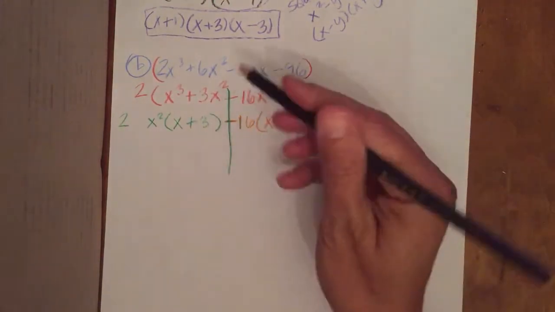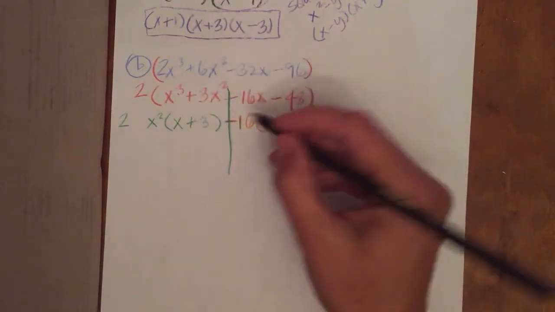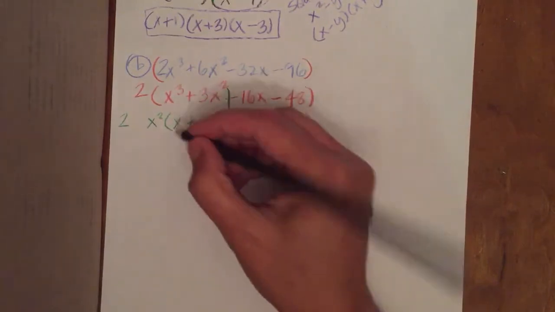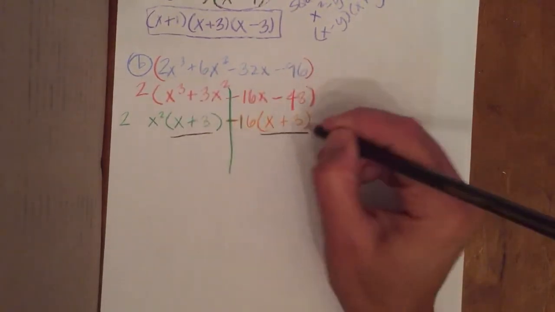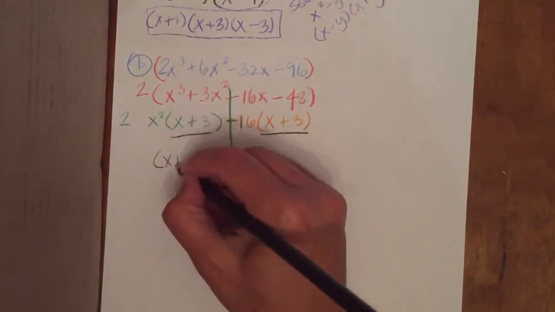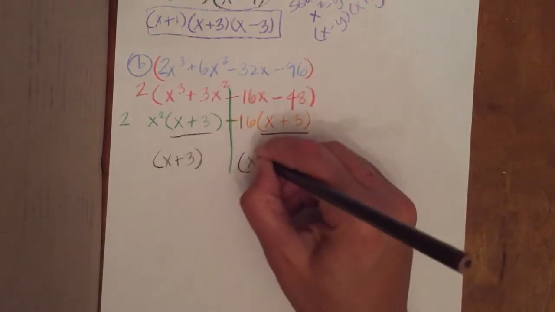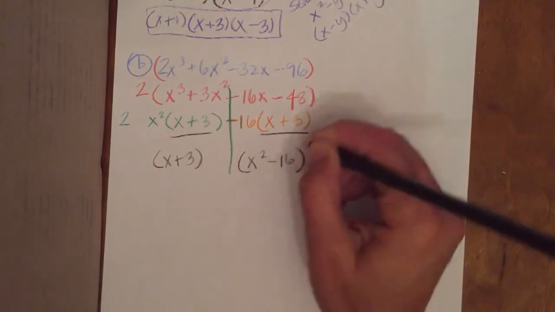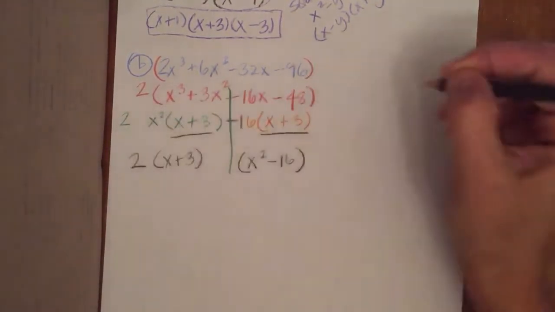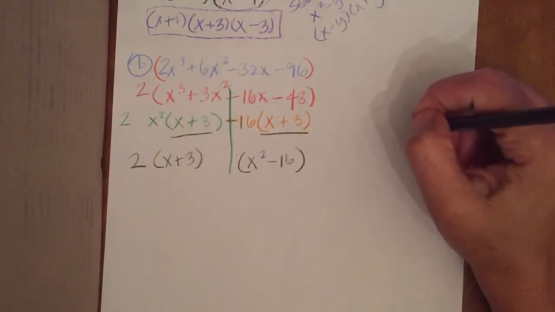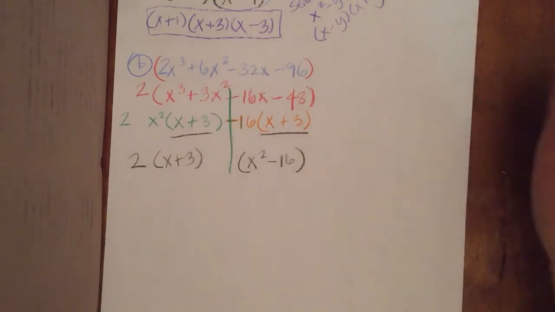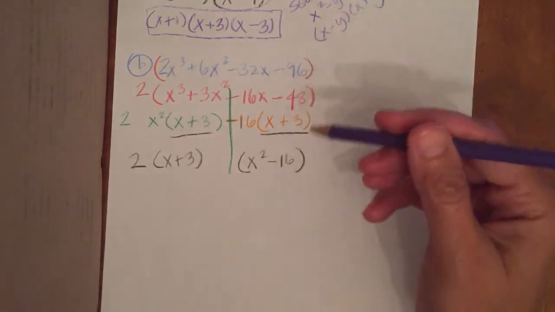So now, what do I have in common between this term and this term? Well, I'm going to factor out the x plus 3. And then I'm going to be left with x squared minus 16. And what's still hanging out here in the front? The 2. Okay? So let's look at our previous example.